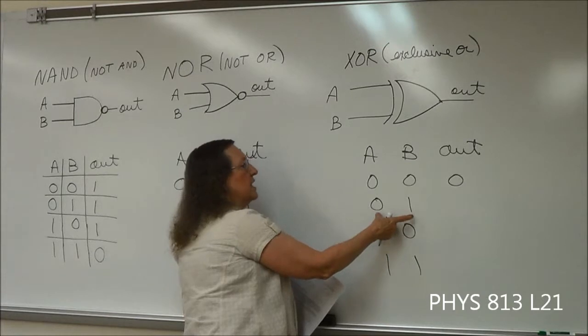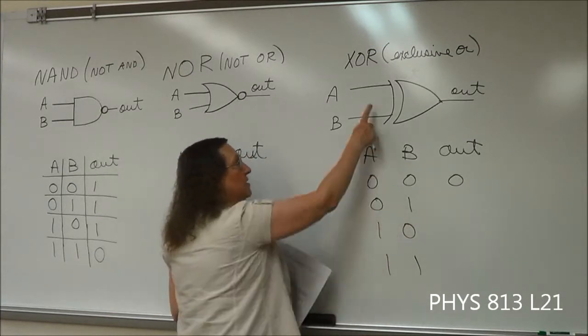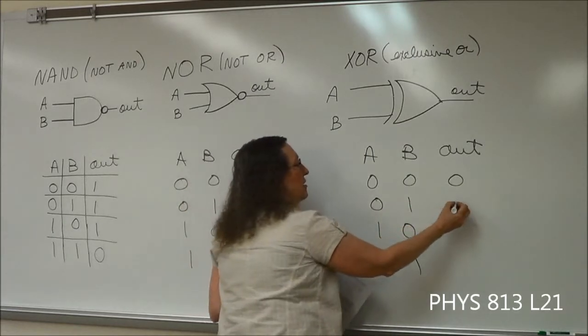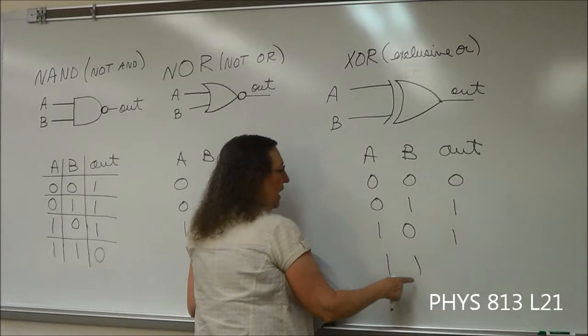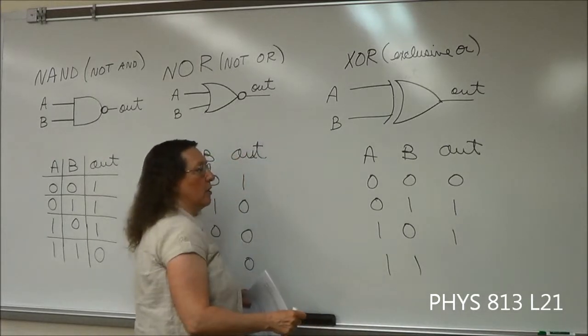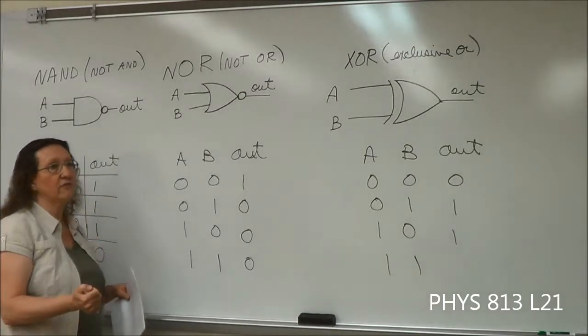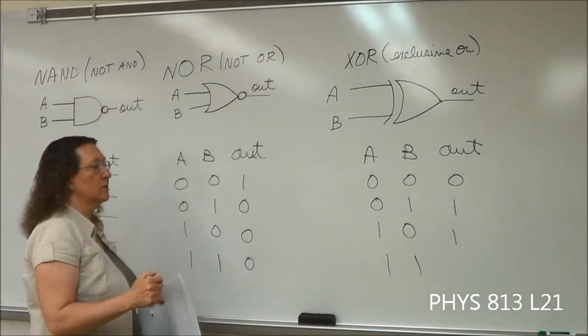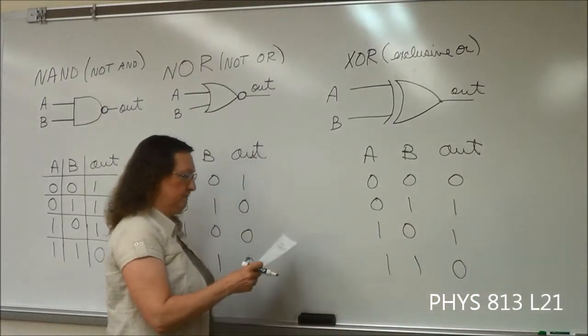Now, notice that it's just one of these that's a 1. So that's what this means. That means it's okay. So we get a 1. And the same thing for this. But when we get here, we notice that both of them are a 1, and that does not fit our rule for the exclusive OR. So this is going to be a 0.